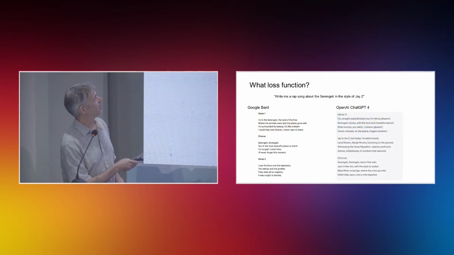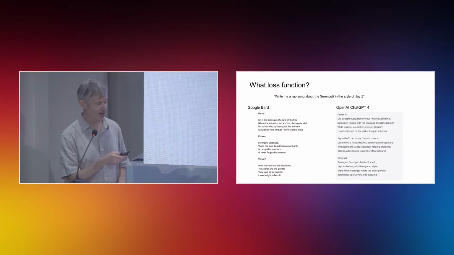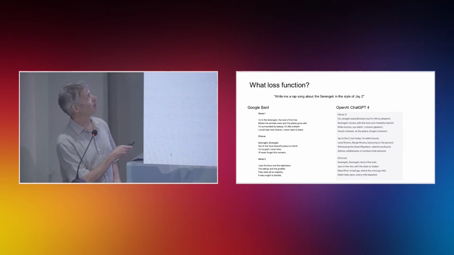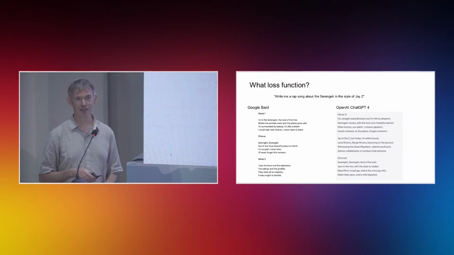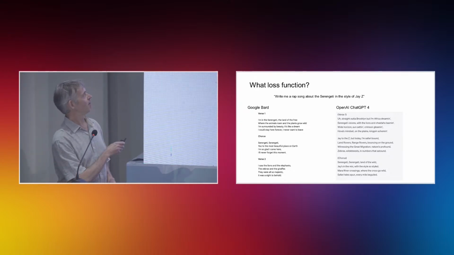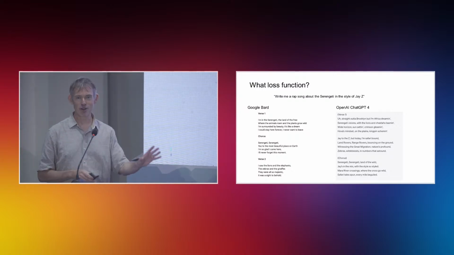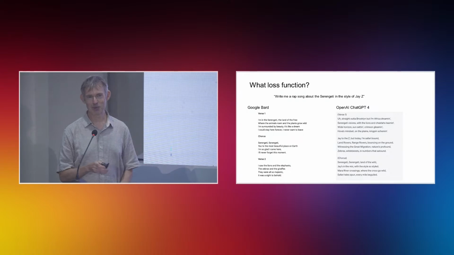And same thing in text, right? I was on a safari last week in Tanzania, and I was talking to my tour guide, and he hadn't heard about ChatGPT. So I showed him, and we said, okay, what would be a cool thing to ask it to do? How about "write me a rap song about the Serengeti in the style of Jay-Z"? We plugged it into ChatGPT, and we plugged it into Google Bard, and they gave different responses, of course. I'll let you read this offline, and you can decide which one is better.